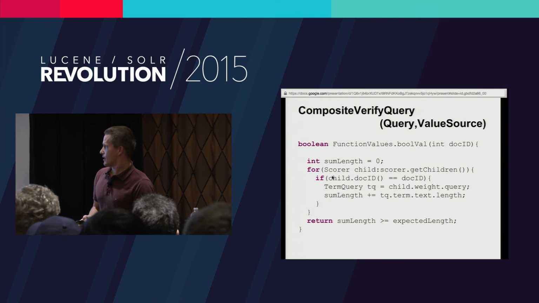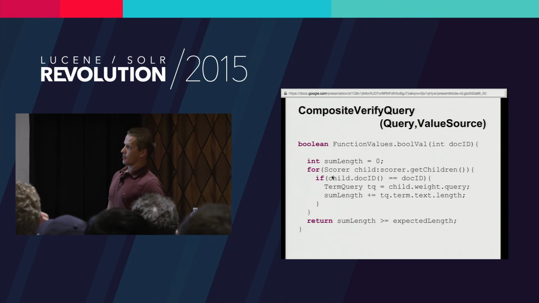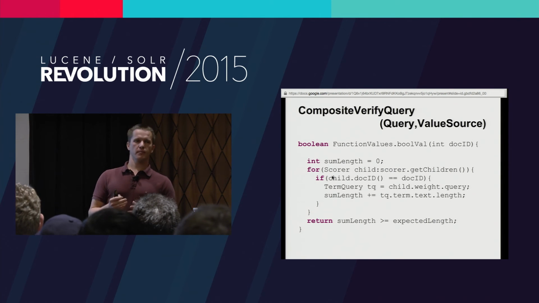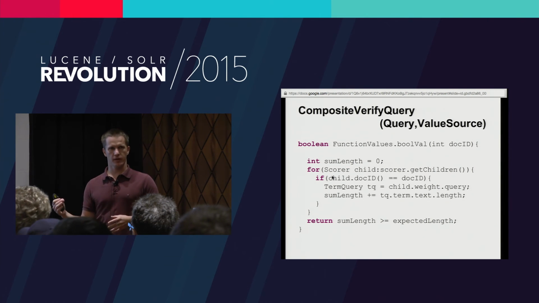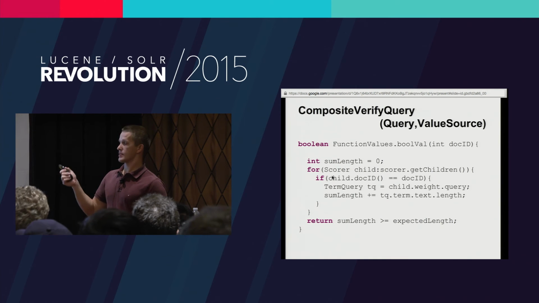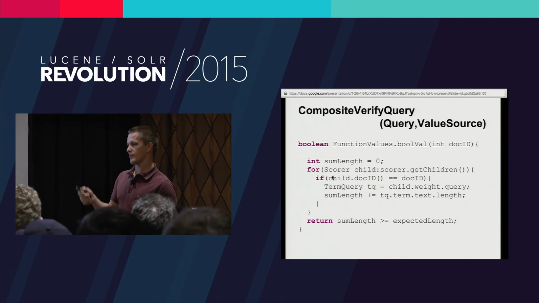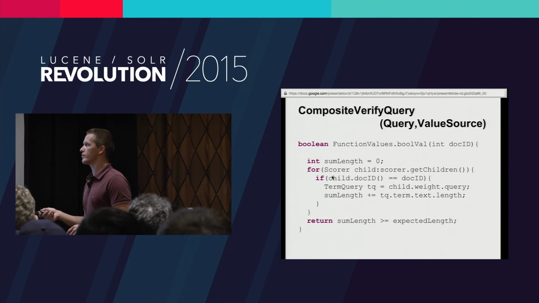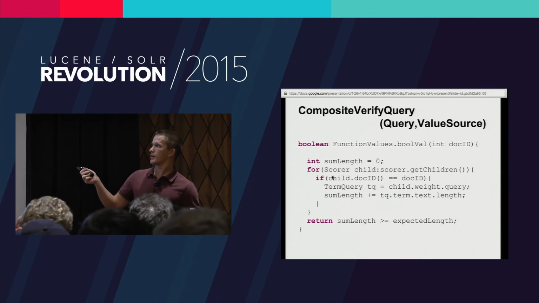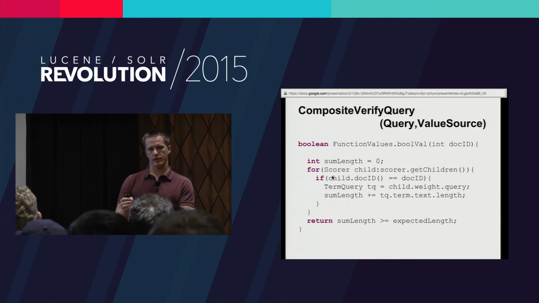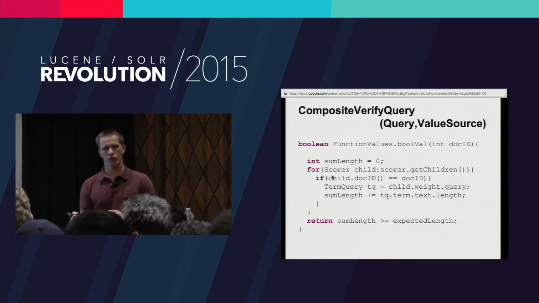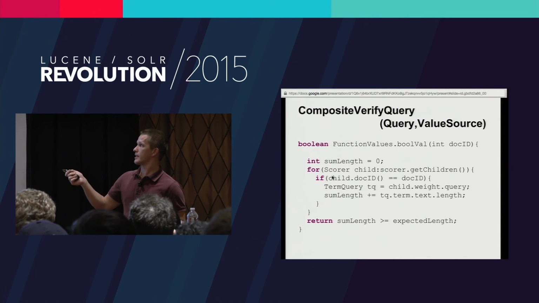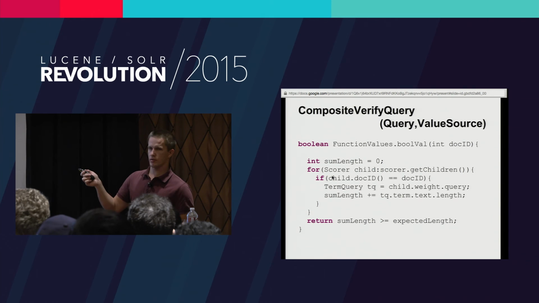Okay, I should say something about creating your own custom queries. Now we have CompositeVerifyQuery, which is a pretty good starting point for creating such efficient queries. CompositeVerifyQuery resides in the spatial package, but nevertheless you can use it even when you work with a comprehensive linguistic or retrieval model. It obtains a query for candidate documents, or the approximation, and then it obtains a predicate in the form of a value source.